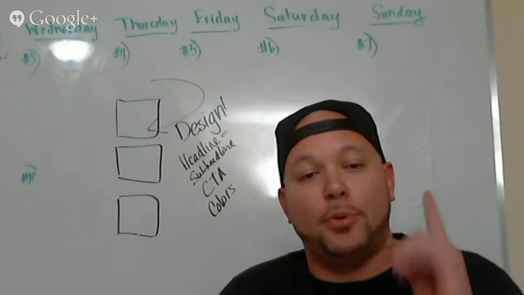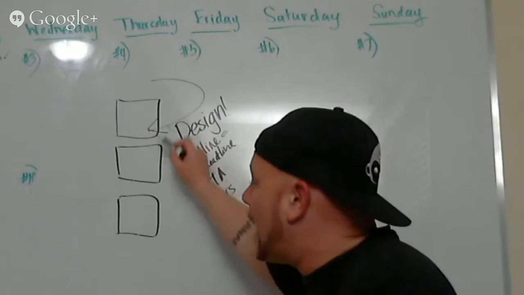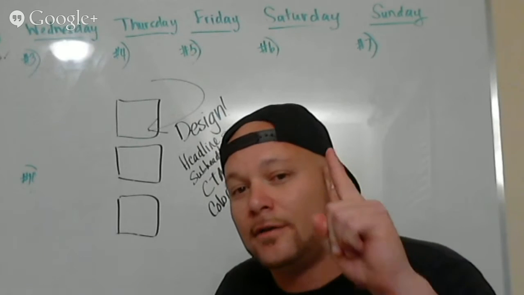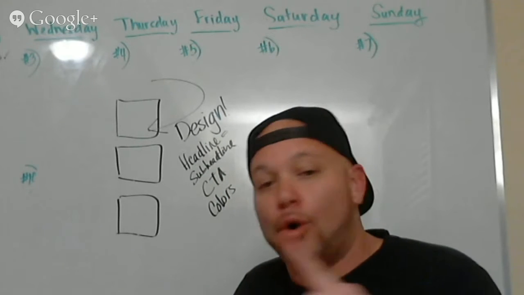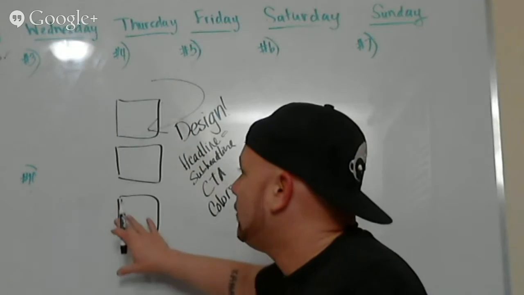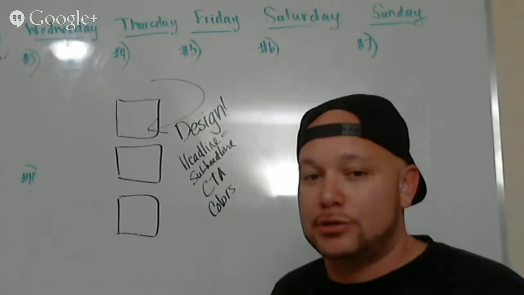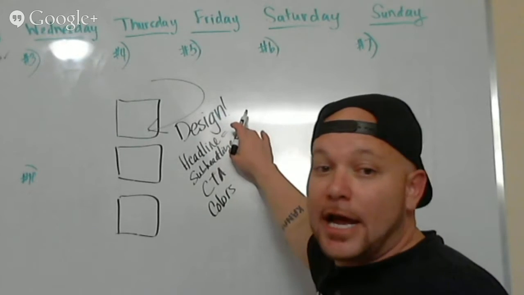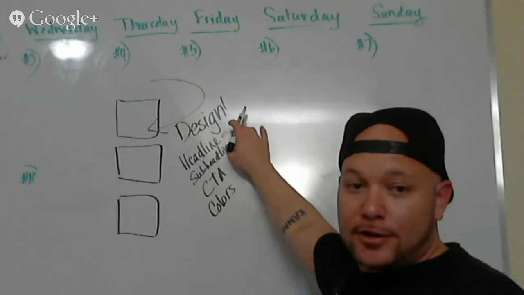The point being that any time you are split testing, you are literally testing one variable and only one. If you're split testing the design, everything else stays the same, as close as possible. If you're split testing the headline, everything stays the same other than the headline.